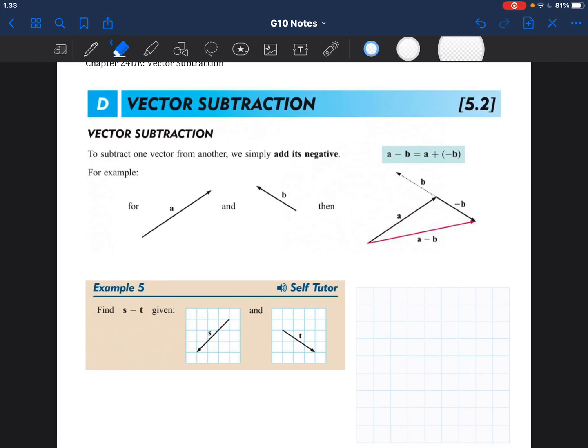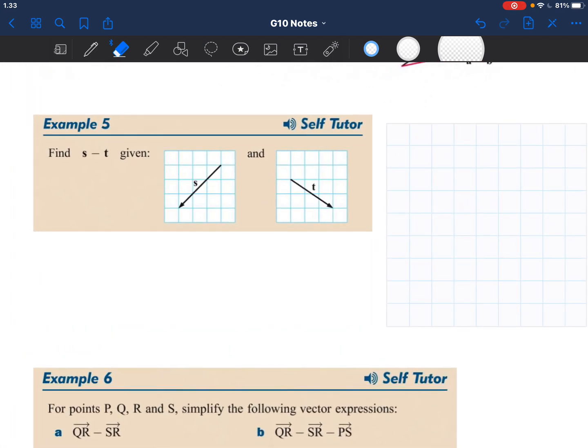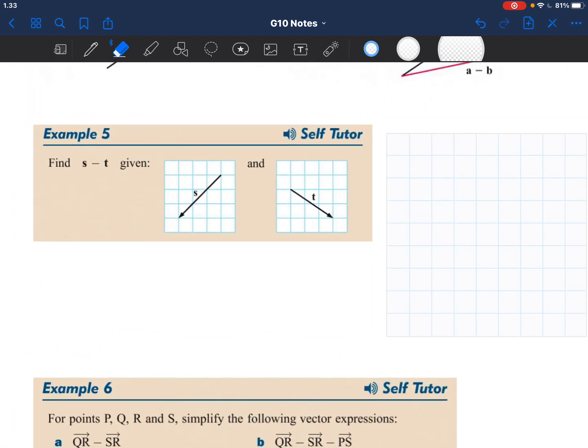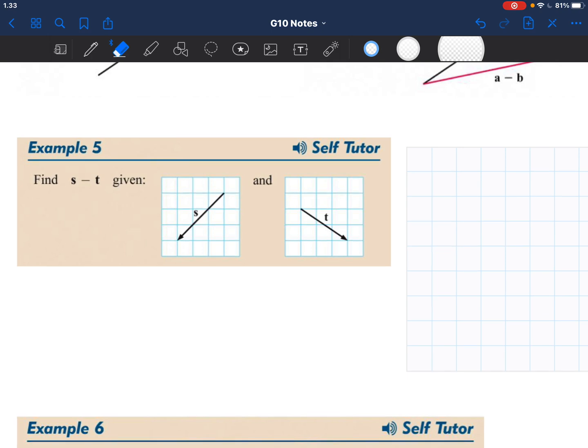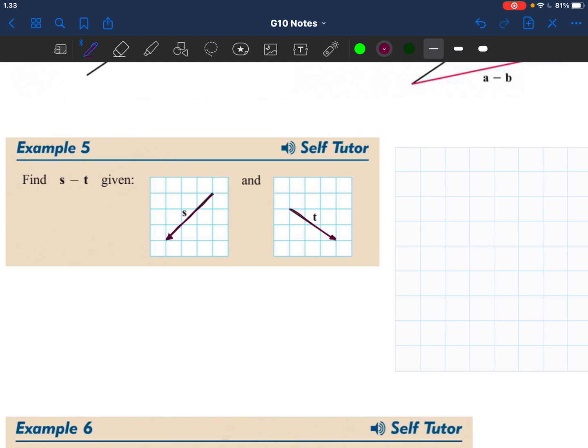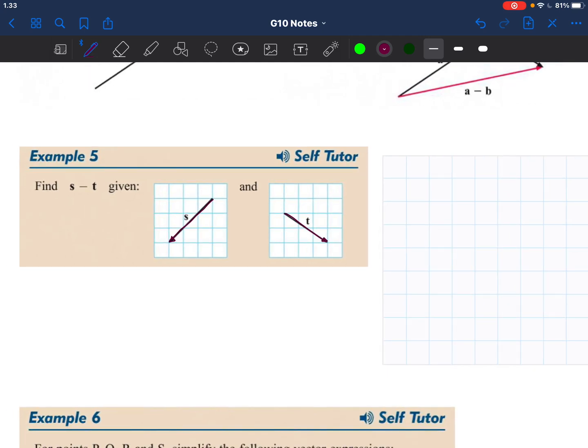So let's do an example here. They say find S minus T, given that S is this arrow here, and T is this arrow here. So we want to subtract them. On your graph paper, remember that each vector has a horizontal component. So how many units do they go from left to right?